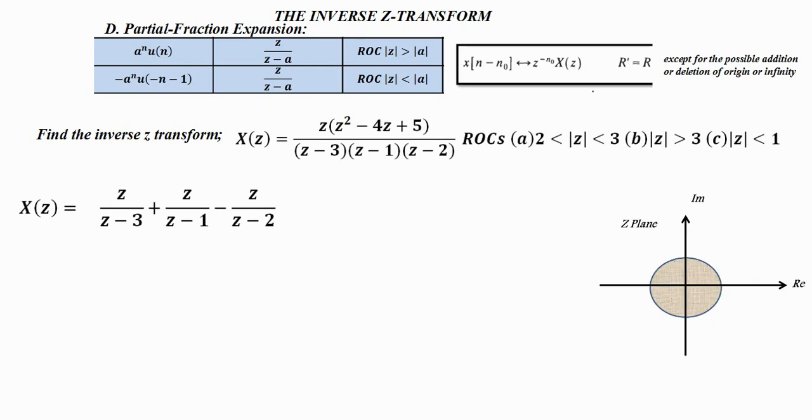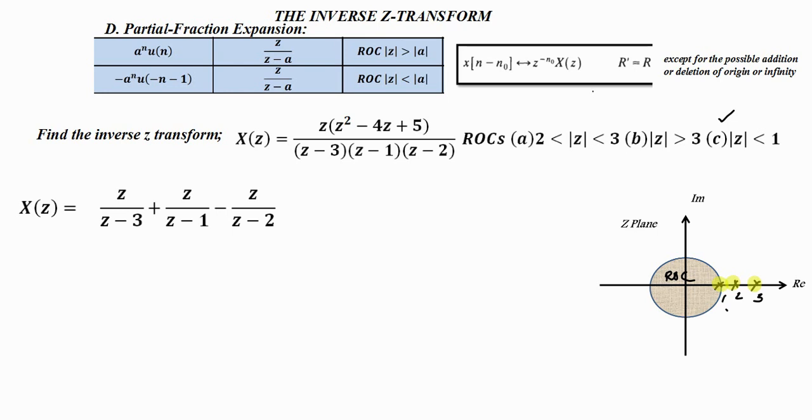Next we will discuss modulus of z less than 1. Assume that this is 1, this is 2 and this is 3. These are the poles, and the shaded portion indicates the ROC. From the figure it's clear that poles 1, 2, 3 are outside this shaded region, or we can say the ROC is interior to the poles.